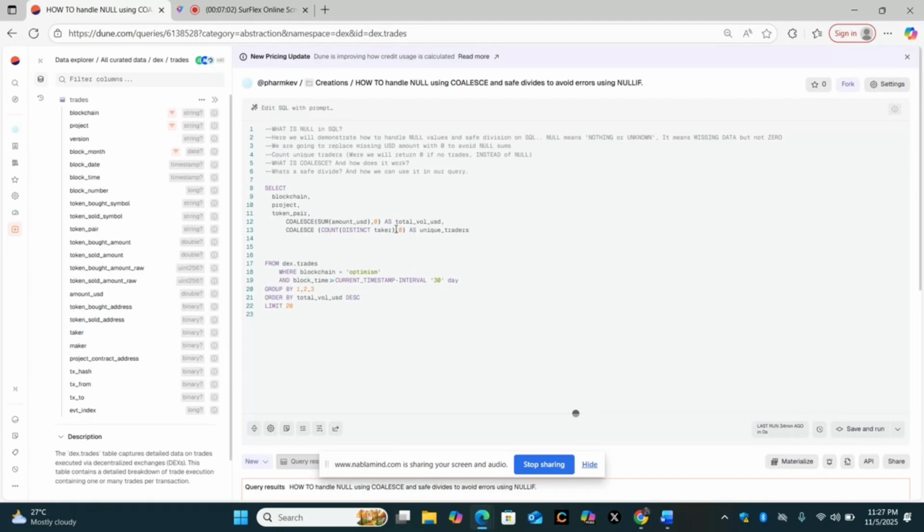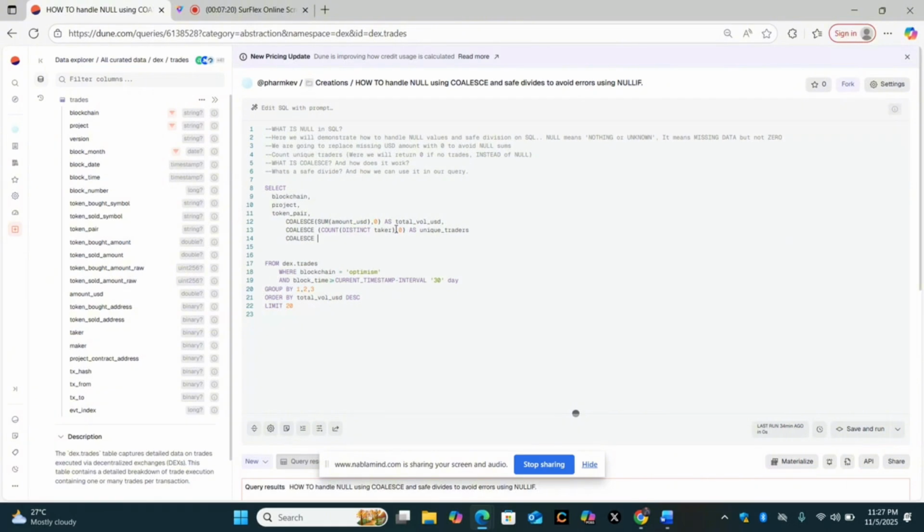The third one, we are going to use it to understand safe divide. So just come with me. COALESCE.